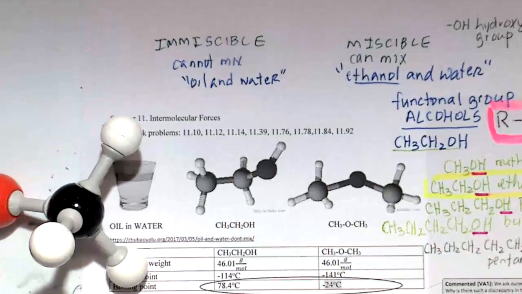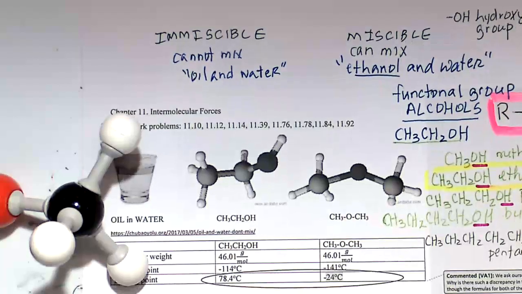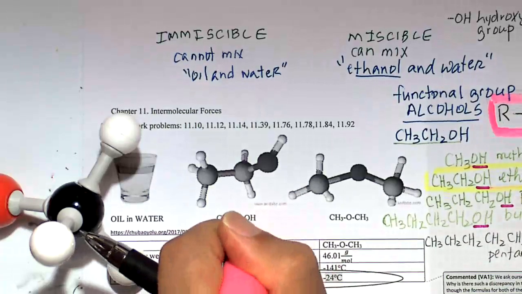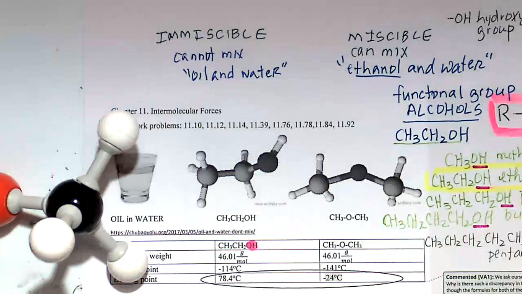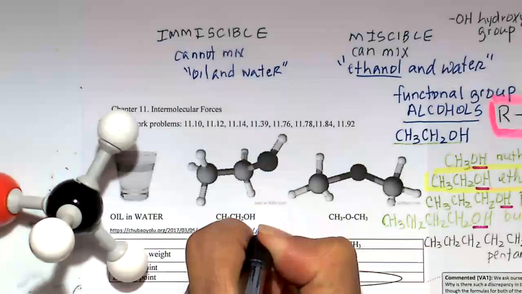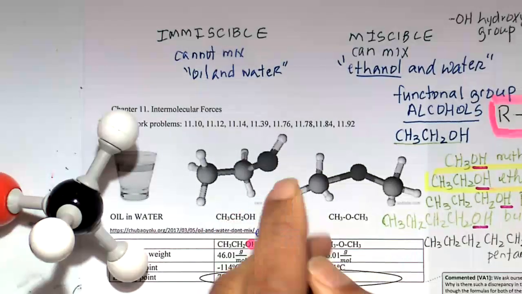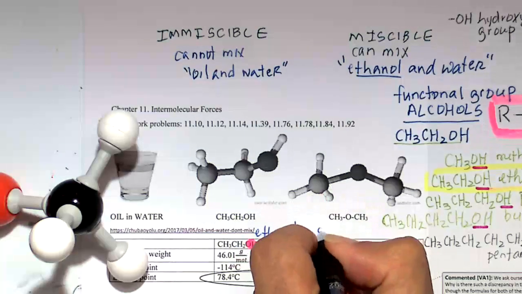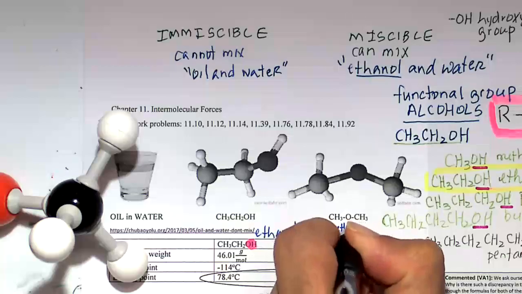Let's look at this table together. This is an alcohol, the specific alcohol called ethanol. This is an ether, dimethyl ether.